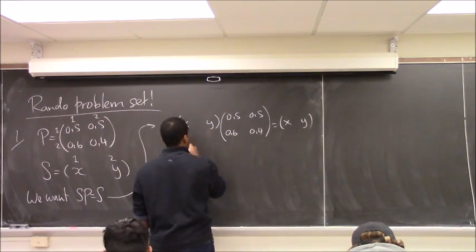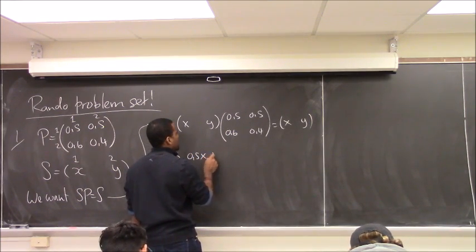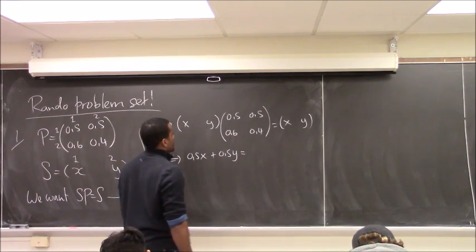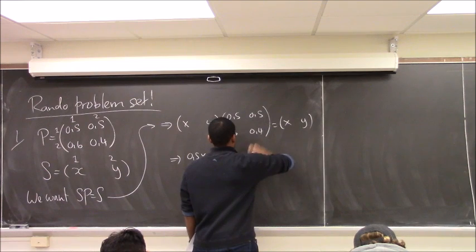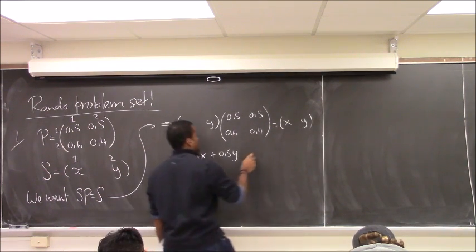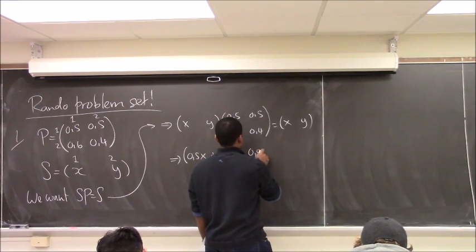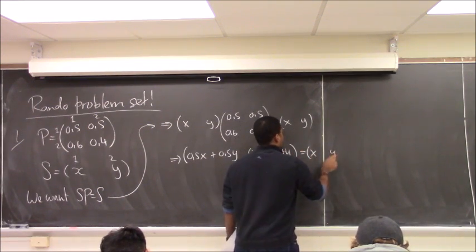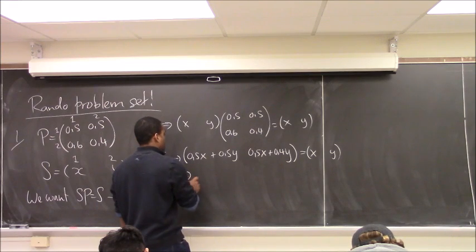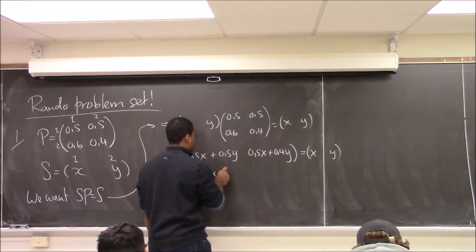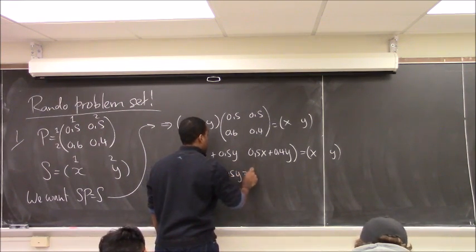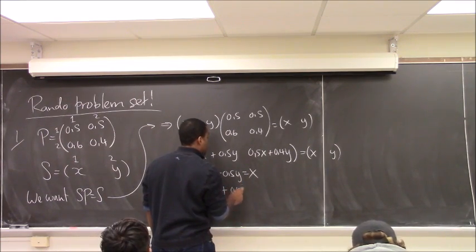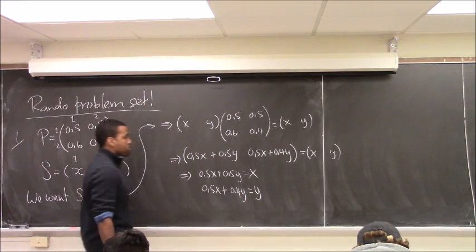You do matrix multiplication on this side, so it's 0.5x plus 0.6y equals x, and then 0.5x plus 0.4y equals y.